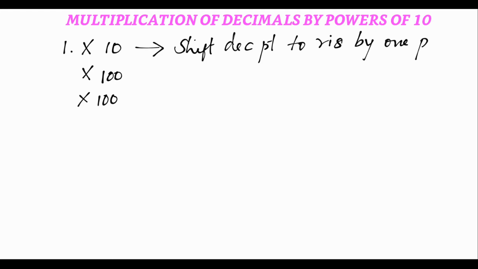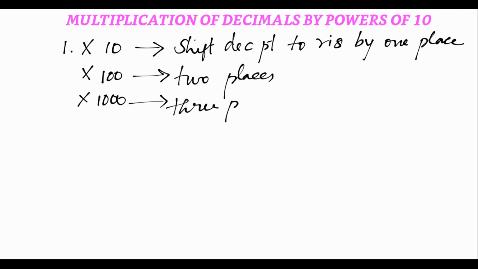Okay, and to multiply it with 100, shift two places. With 1000, shift three places.